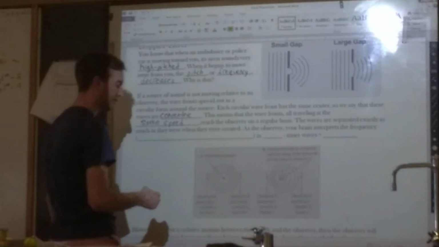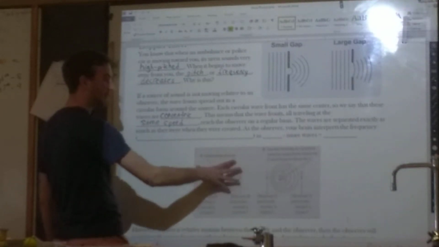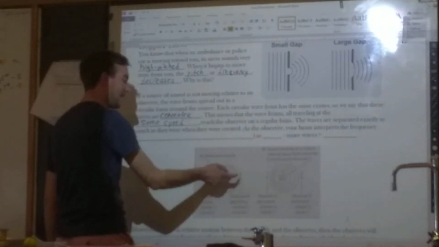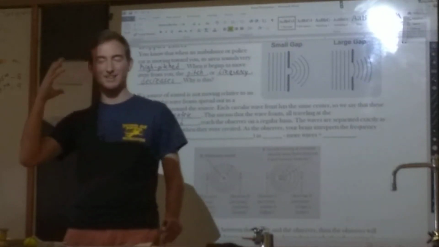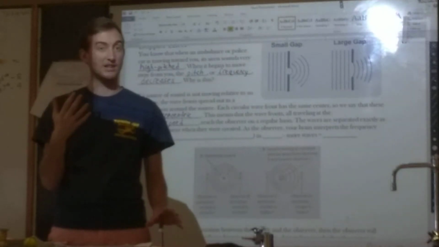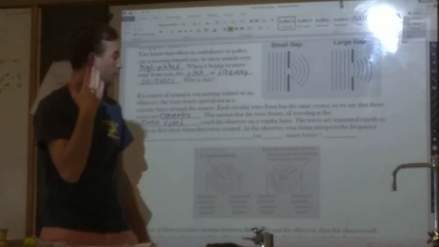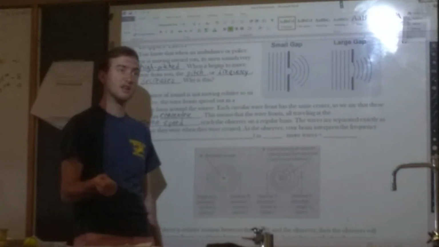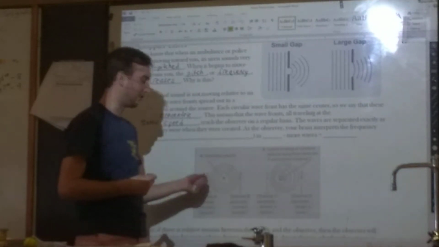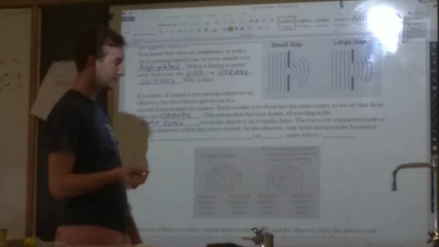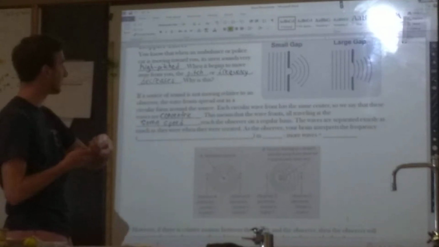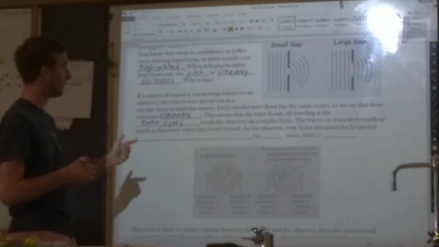So our observer is standing here, or here, A and B are both observers, and these waves, as they travel outward, are always traveling at the same speed and are the same distance apart from one another. That means those wavefronts, those crests or troughs, or whatever they are, will hit A and B at a regular interval, okay? The frequency of those wavefronts will be the same, and it won't change as long as neither of these sources starts to move. The waves are separated exactly as much as they were when they were created.